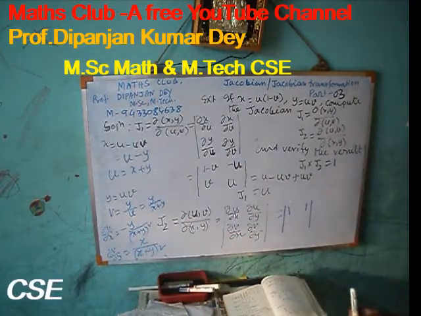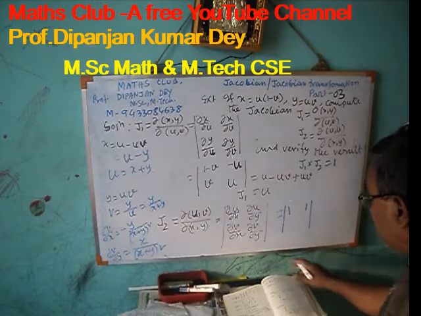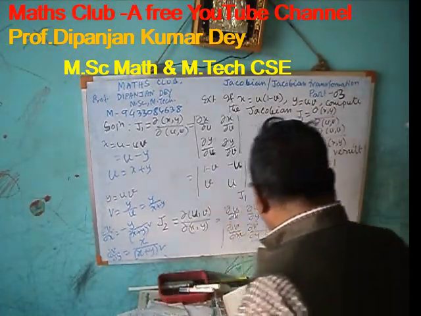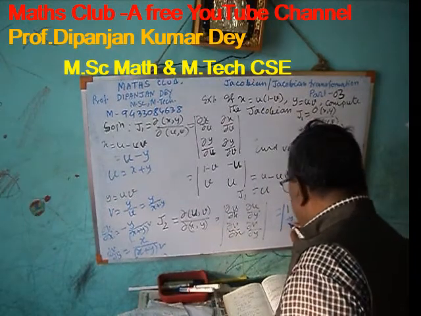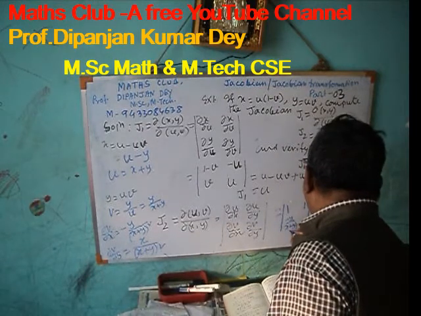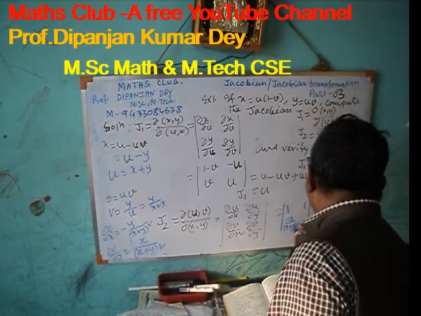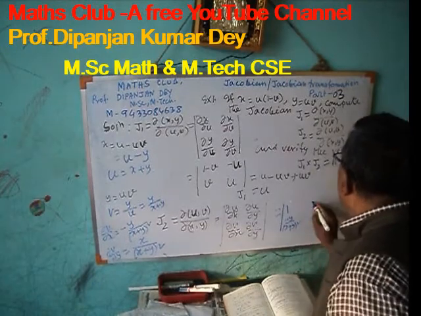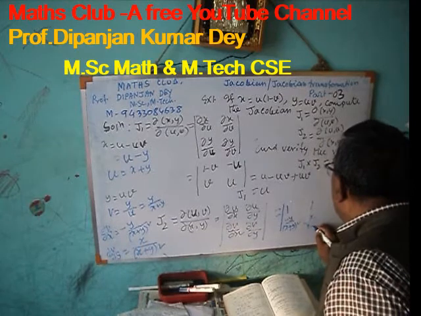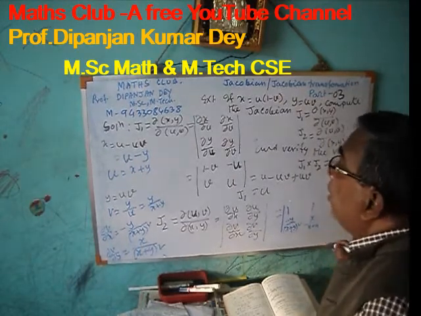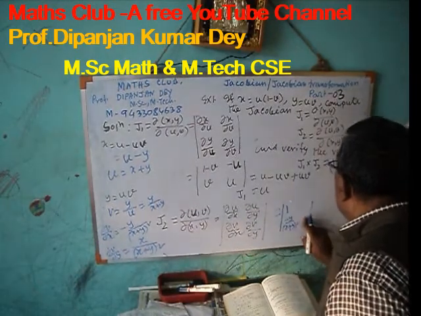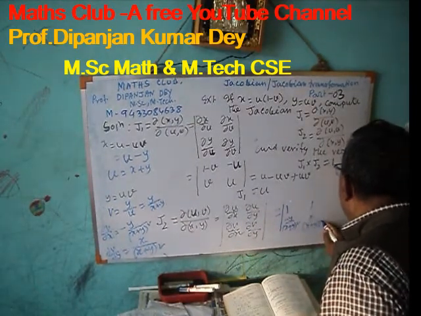So now we are putting it over here. Del v del x is minus y by x plus y whole square, and this is 1, this is 1, and del v del y is x by x plus y whole square.